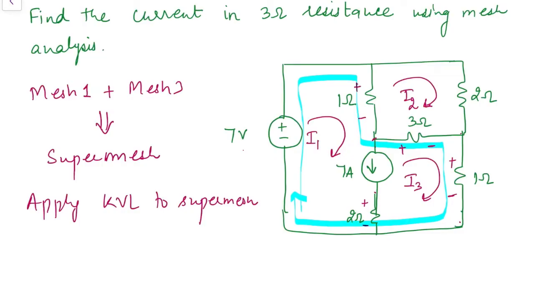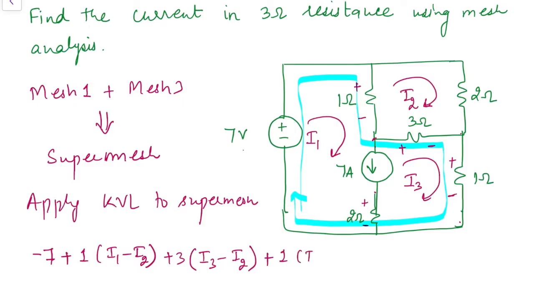Starting from the 7 volt source: minus 7 plus 1 into the resultant current through this 1 ohm resistance in downward direction, that is I1 minus I2. The next resistance is the 3 ohm resistance. The resultant current through this 3 ohm resistance is I3 minus I2, which is in the same direction as I3, plus the drop across this 1 ohm resistance, plus 1 into I3. Now this is the path, we are coming back to this point, equal to 0.